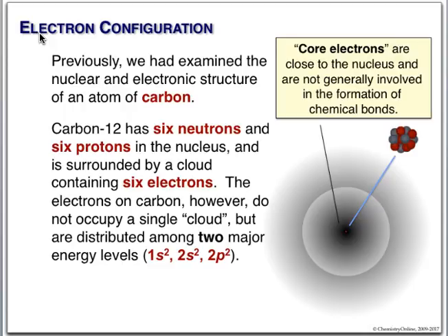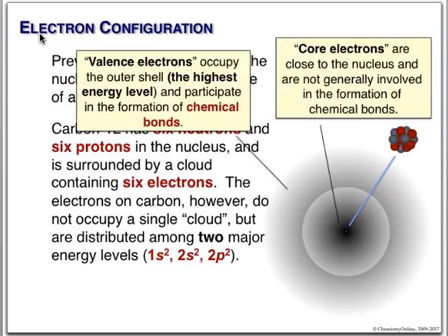We don't care about them because they're not involved in the chemistry of carbon. But the outer electrons, these are higher energy. We will see that these are called the valence electrons. These guys are what we use to make chemical bonds. Those are the ones that are interesting.